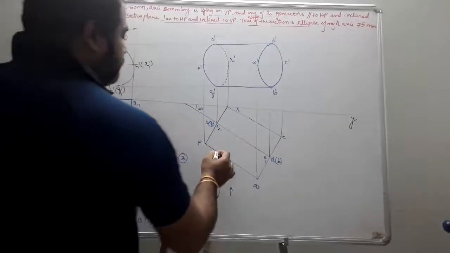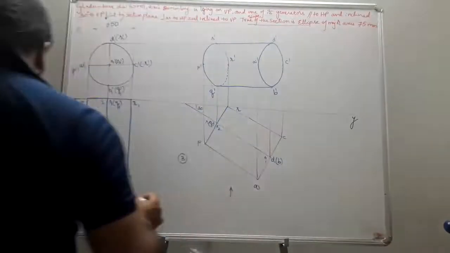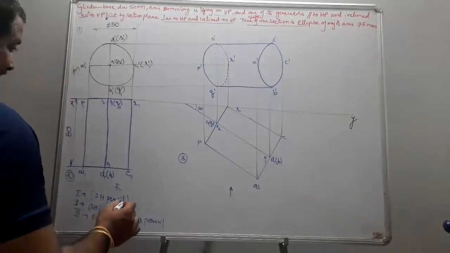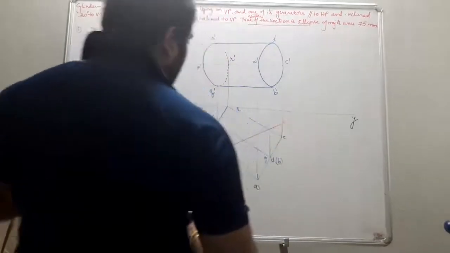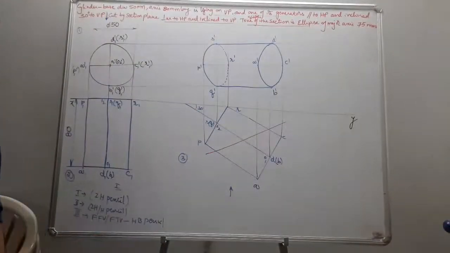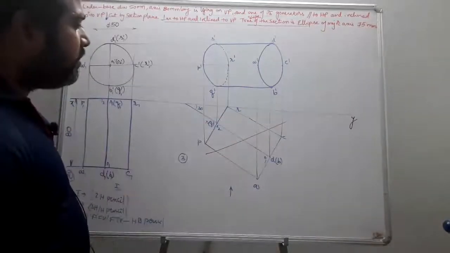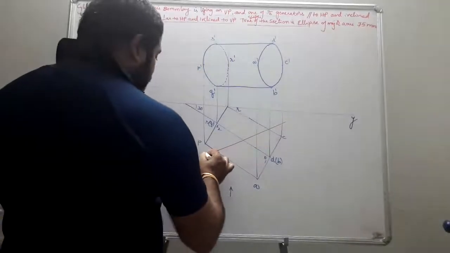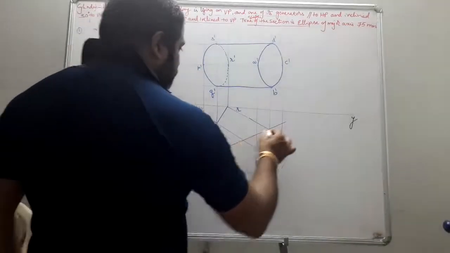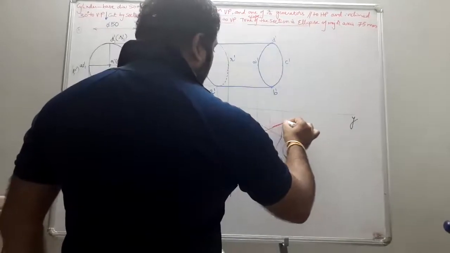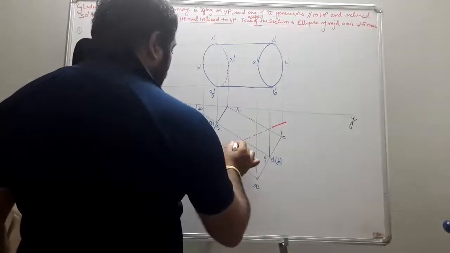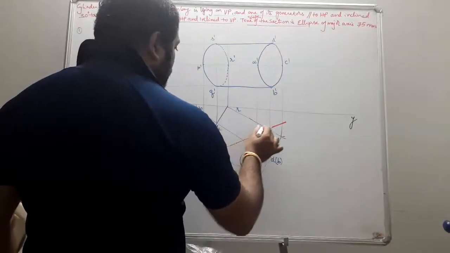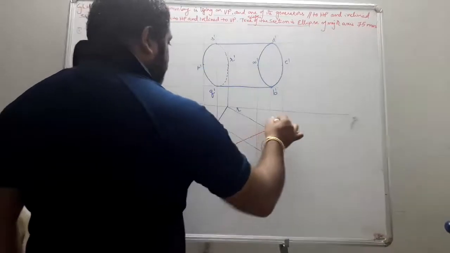You will obtain somewhere here, for example. You move your scale in such a pattern that you are going to obtain it. So this becomes its HT.